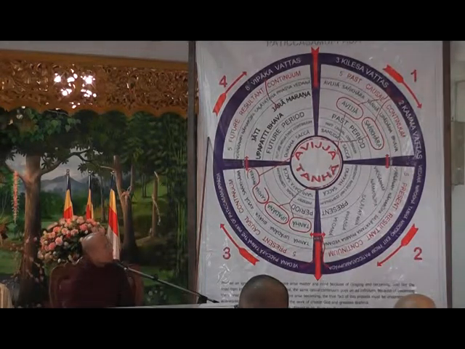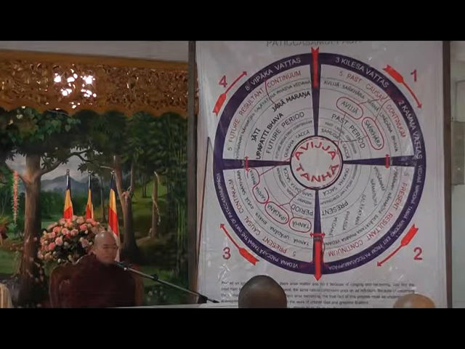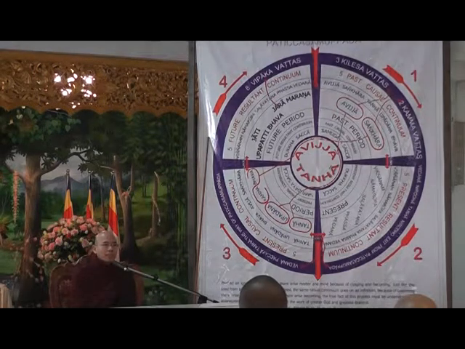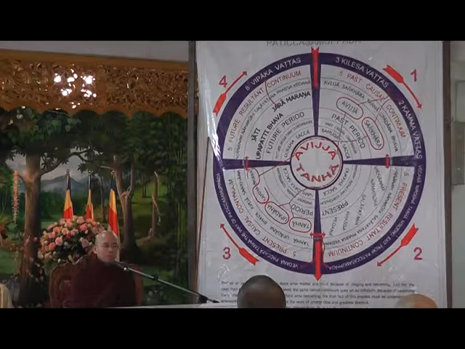Okay, dependent origination, this diagram, this is the diagram method. Dependent origination means the Pali word Paticcasamuppada. Dependent on cause, originates effect.